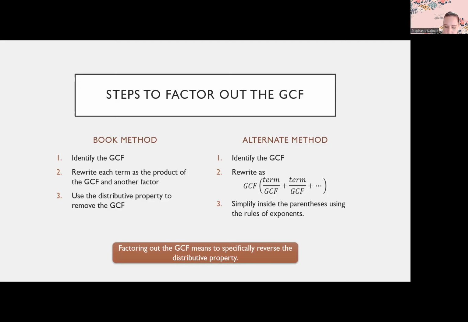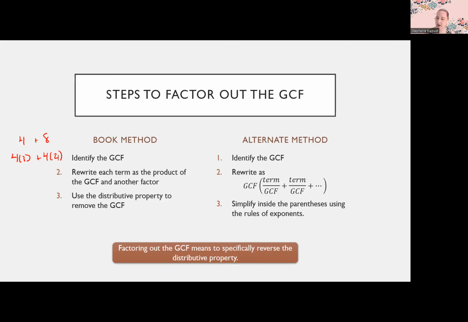Let's say I've got 4 plus 8, and I know I can divide those both by 4. So that would be my greatest common factor. So basically it's saying you're rewriting it as your greatest common factor times something else. So 4 is 4 times 1 and 8 is 4 times 2.